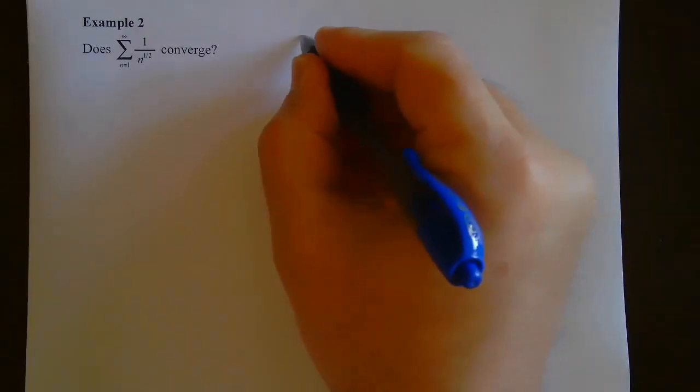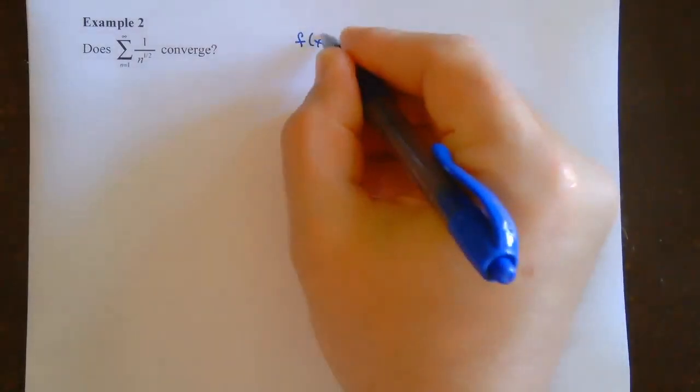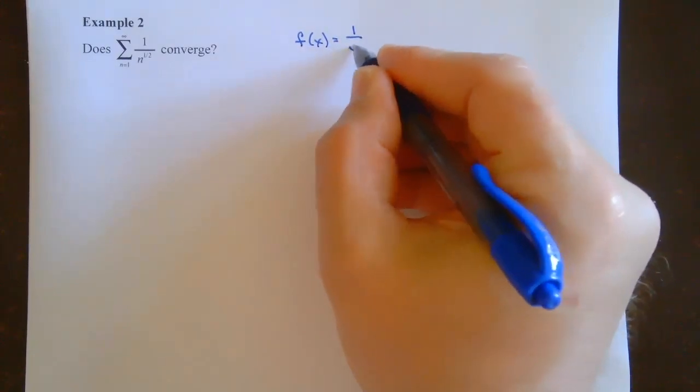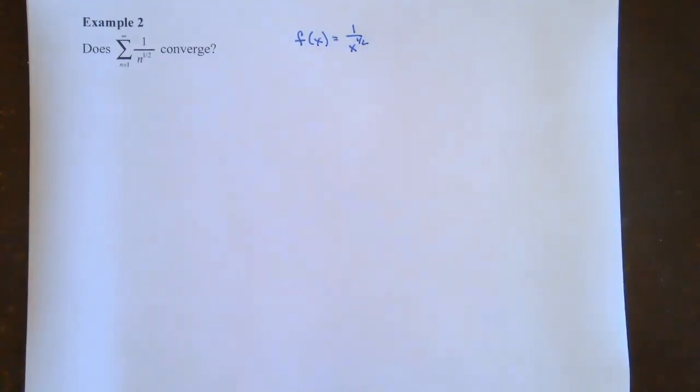All right, so example number 2. Does the series n equals 1 to infinity of 1 over n to the 1/2 converge? So this is a candidate for the integral test. So we're going to let f of x equal 1 over x to the 1/2 power.